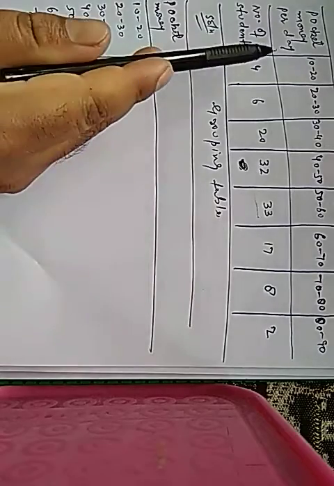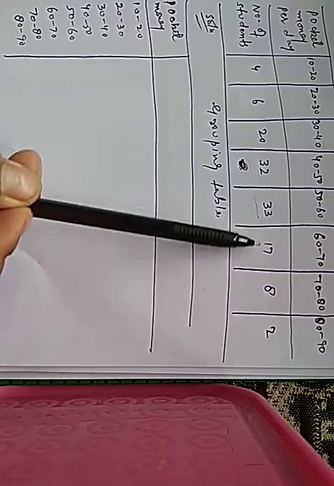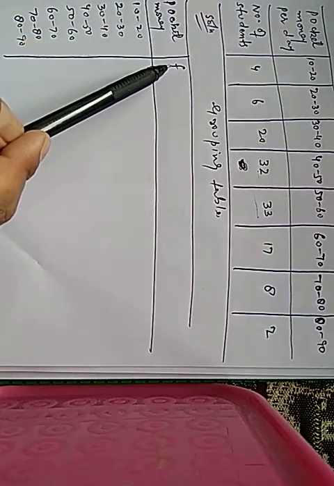And the number of students falling in these different groups is given here, and it is also known as the frequency of this variable. Therefore, in place of number of students we will write frequency, denoted by f.